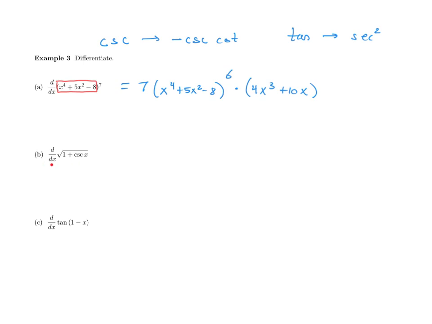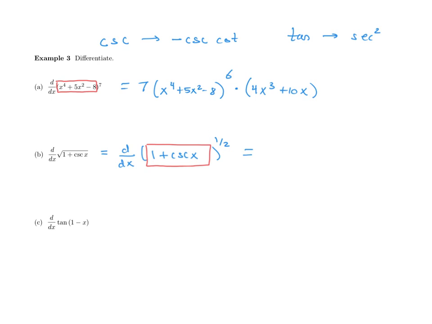Now, what about the derivative of the square root of 1 plus cosecant of x? Before taking the derivative of this, I'm going to rewrite it as 1 plus cosecant x to the 1/2 power. Written this way, I see the inside function is 1 plus cosecant x. So I'm really thinking of this as taking the derivative of x to the 1/2.